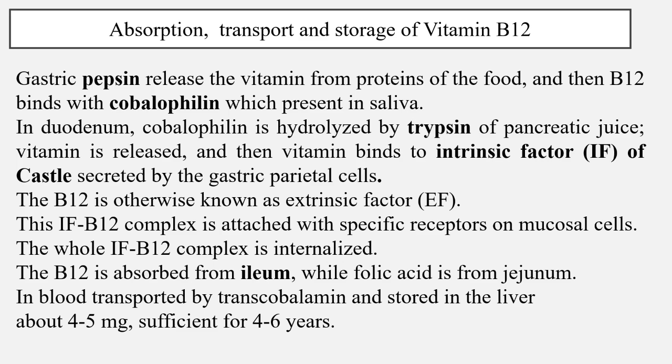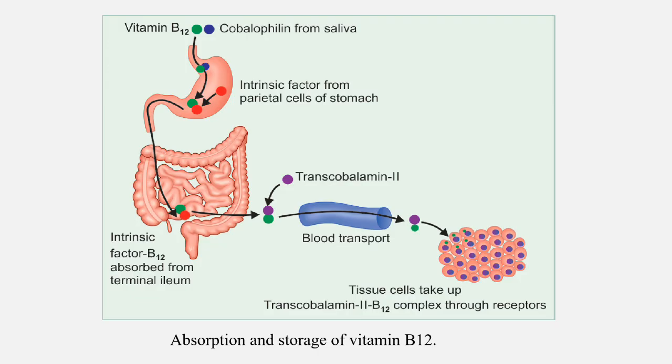After absorption into the cells, B12 is transported to the liver as transcobalamin and stored in the liver. About 4 to 5 milligrams of B12 is stored, which is sufficient for 4 to 6 years. Here you can see the absorption and storage of the vitamin.